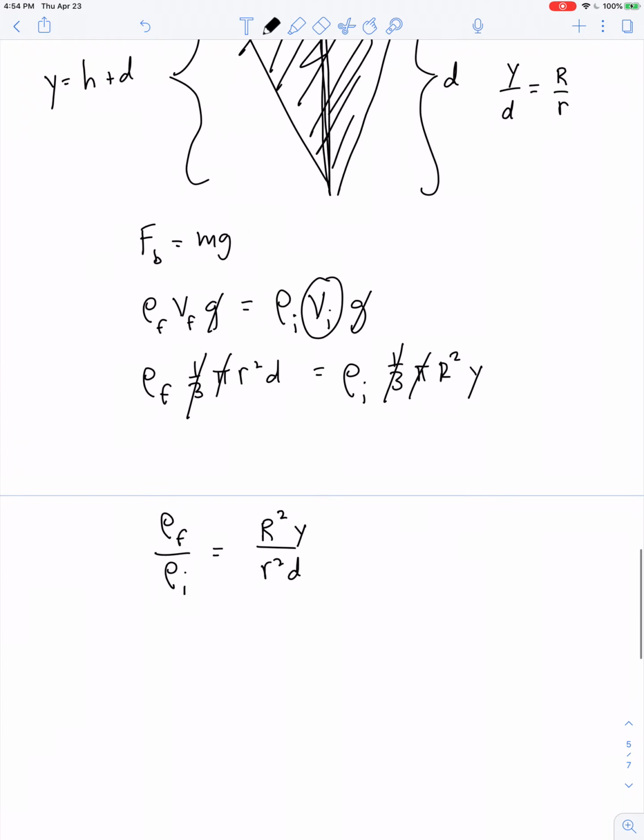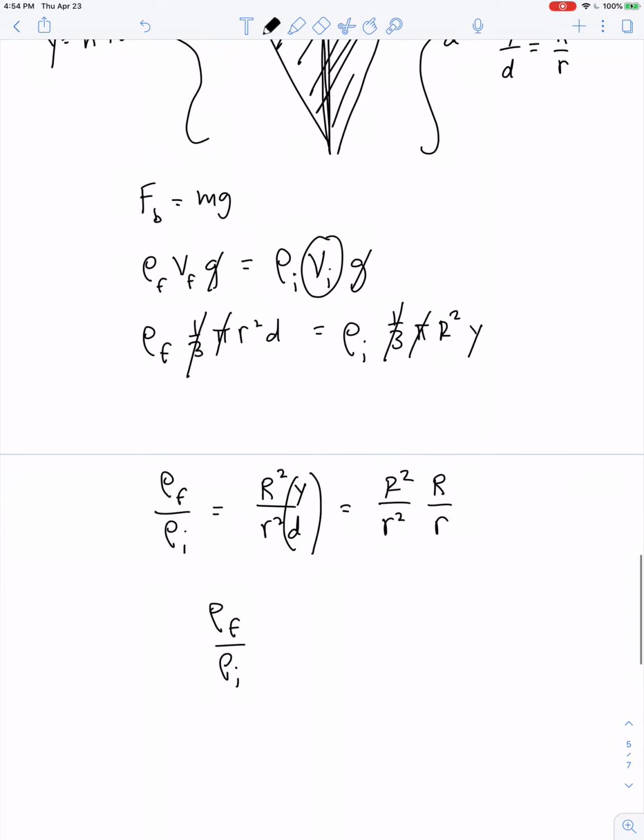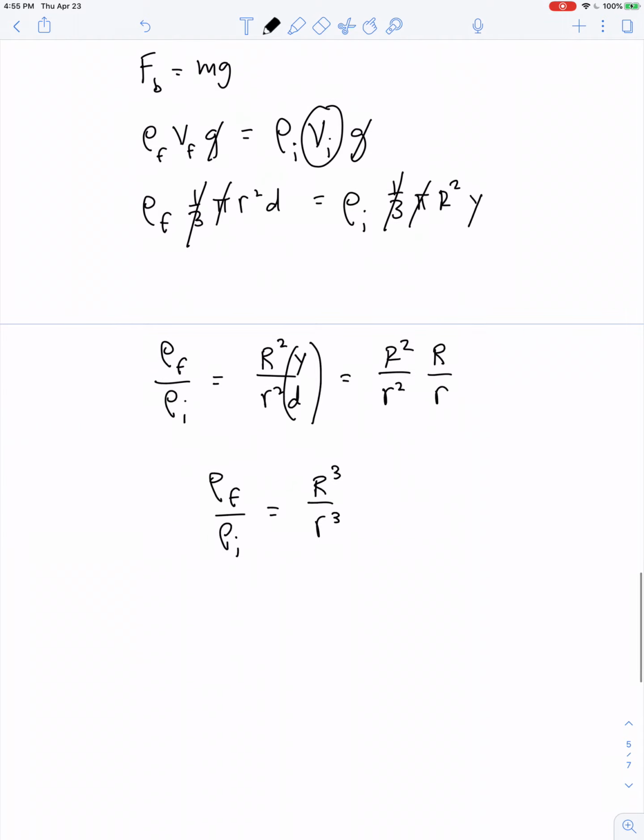So we can replace this y over d right here with a capital R over lowercase r, and we get the density of fluid divided by the density of the ice is equal to capital R cubed over lowercase r cubed. Okay. So now whatever we do to one side of the equation, we do to the other.